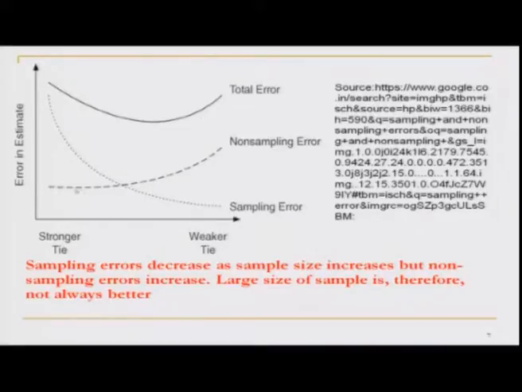Now, non-sampling errors increase. All types of non-sampling errors increase, and the sum total of sampling error and non-sampling error therefore behaves like this. Initially, with increase in sample size, total error decreases, and beyond a certain point, total error starts increasing.